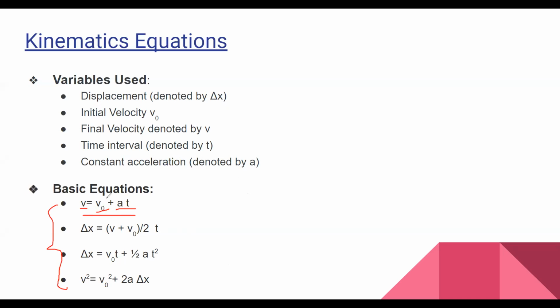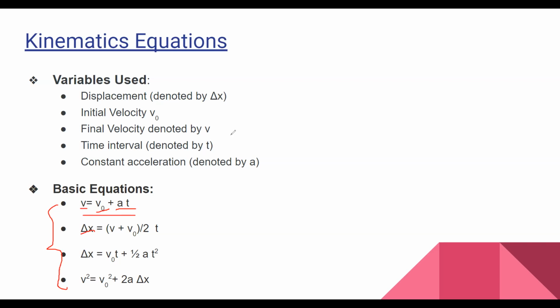V0 is your initial velocity before the thing started accelerating. A is obviously acceleration, t is time. Delta x, or delta y, is the symbol we use to denote displacement. The delta symbolizes a change, so this literally just means a change in x, or change in position.